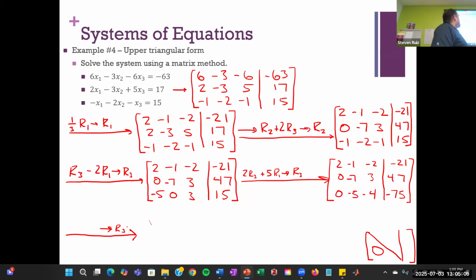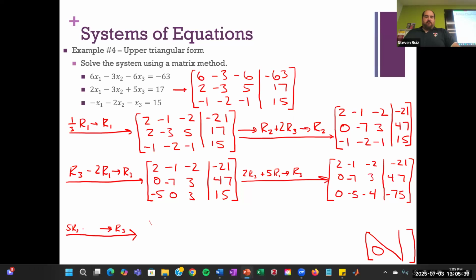Would you do -5 row 2 plus 7 row 3? Right. So I think the 5 and 7 are both prime. So I think you have one of two options. Either take a multiple of each, or leave one of the rows alone and deal with a fraction. Both are fine. But I'm going to go with what was suggested. So what was it? 5 of row 2?